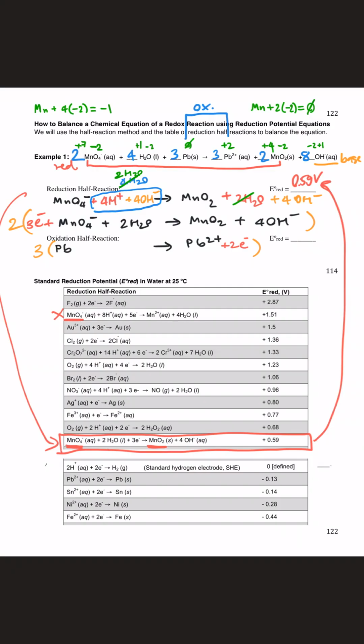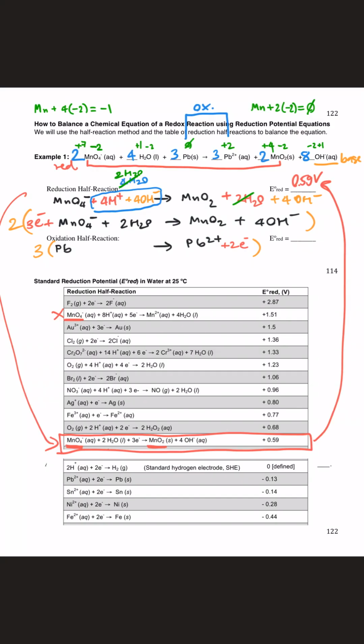You will need to do the same thing with lead as well. So we will need to find lead and lead 2 plus. The pair would be lead and lead 2 plus, but this is the oxidation half reaction, and this list is the known value of the standard reduction potential represented by the reduction half reaction.